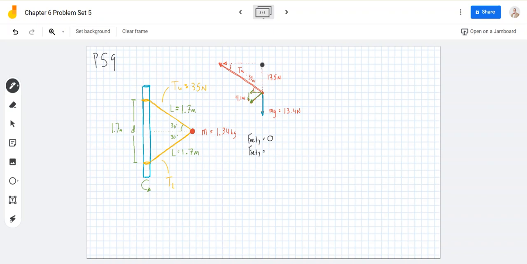Well, I have basically this one here, which would be the T upper in the y direction. So I have T upper in the y direction. I'm going to subtract off this one over here, which is the T lower in the y direction, because that's down. And my MG is down.